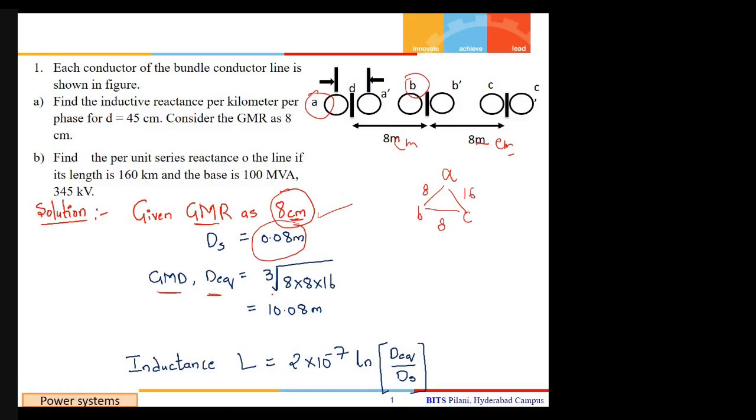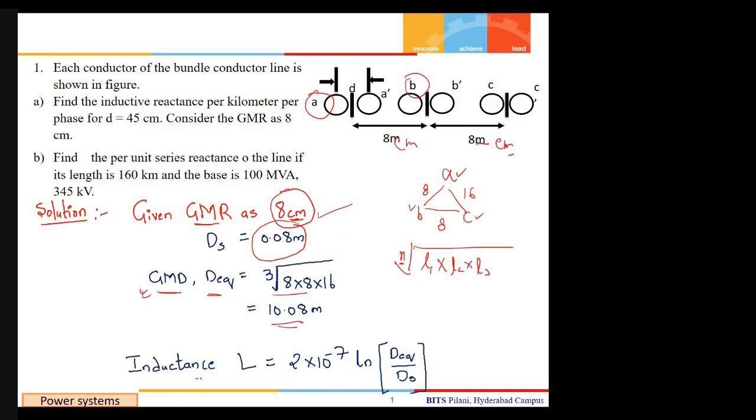So you take the cube root, as three conductors are involved, of the product of the distances L1, L2 and L3, and you get the GMD. The GMD comes to be 10.08.